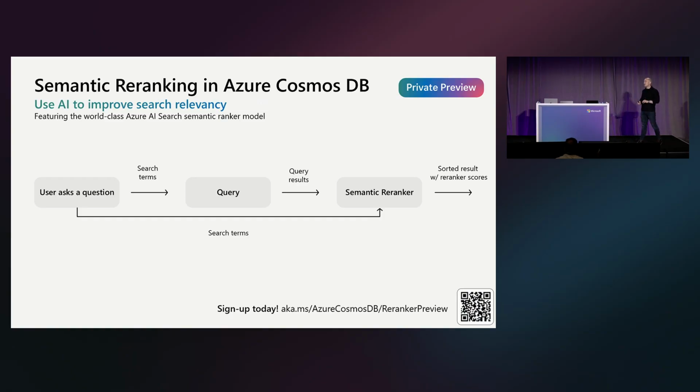Well, semantic re-ranker can take additional context into account and feed it to a specialized AI model that will reorder the search results for improved relevancy. And so you essentially will get, in many cases, the results in a different order, where the more relevant results will be at the top of the list. And this is useful for multiple different reasons, right?